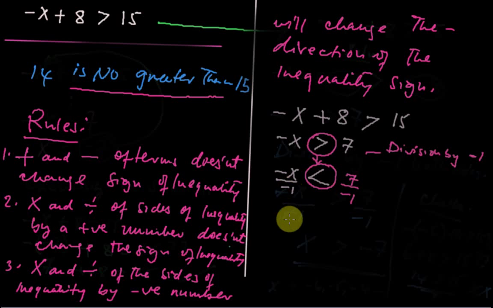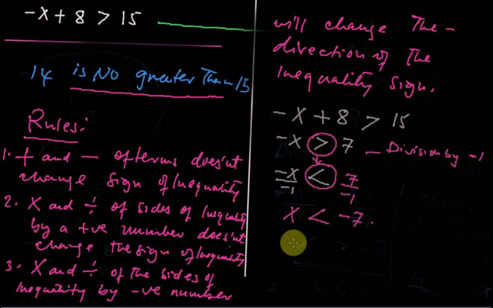So the answer here is positive x is less than -7. So this is the result. Very important.